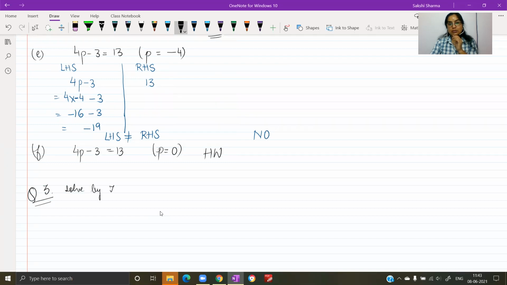Question number 3, solve by trial and error. I hope you remember how we use trial and error. We have to guess the answer first. Before guessing the answer, if you want, you can calculate it in the rough quickly. A part, we have 5p plus 2 equals to 17.